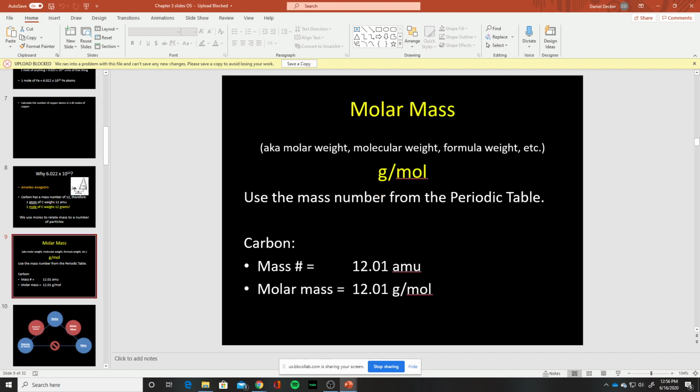You should also be comfortable using the molar mass to convert from grams to moles, or from moles to grams, either way. That would also include being comfortable calculating the molar mass from the periodic table. So I could just give you a formula and say, what is the mass of 3.35 moles of this?